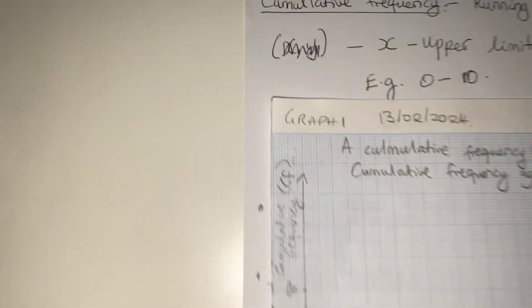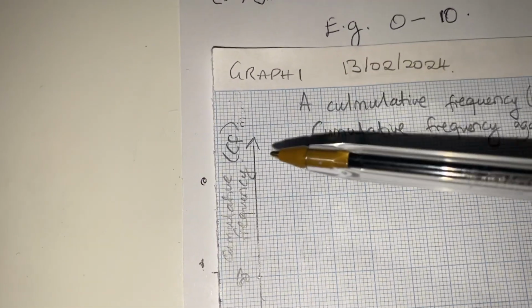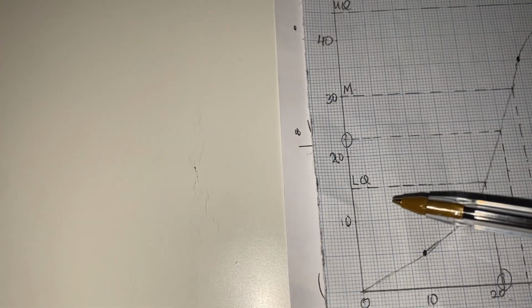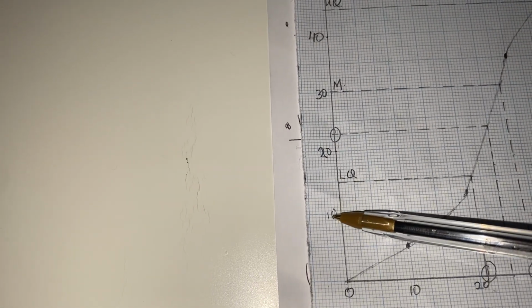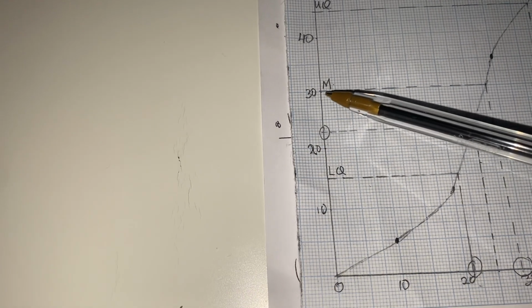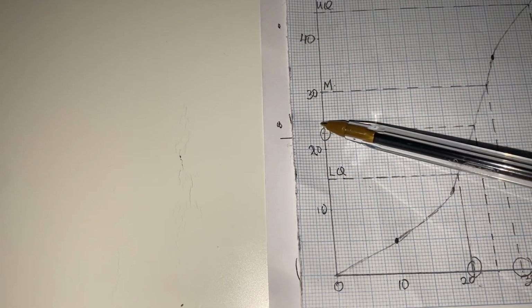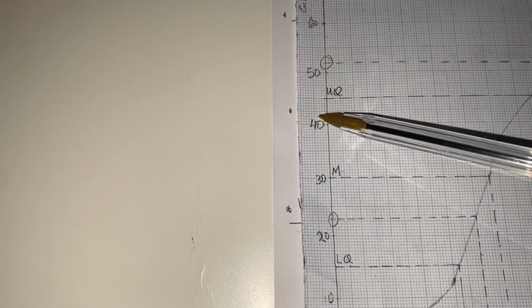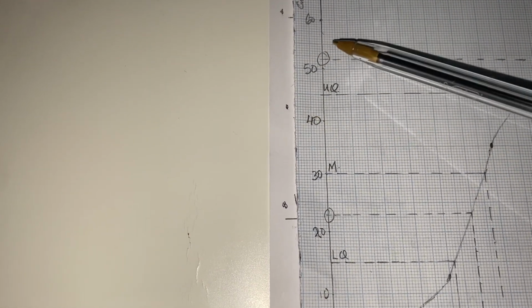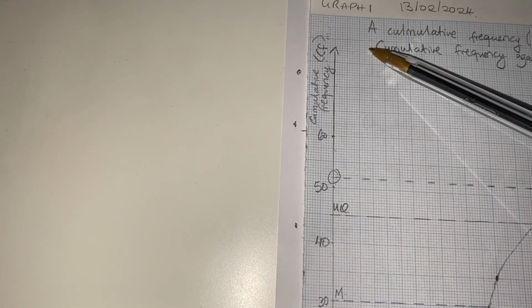On the y-axis is my cumulative frequency, which I just showed you. So 10, 20, 30. Each two boxes is a 10, 40, 50, 60, and then 70.